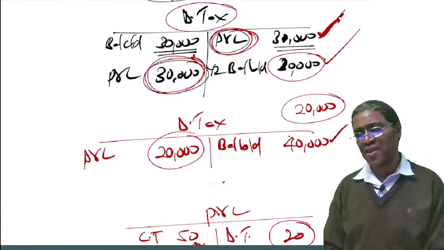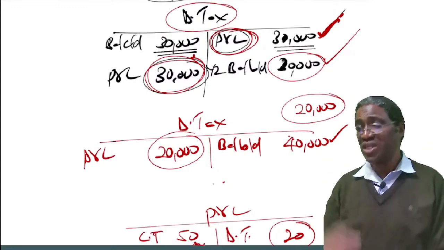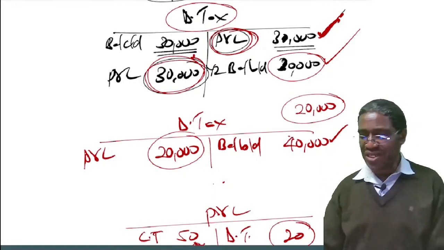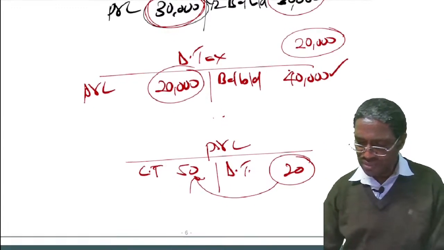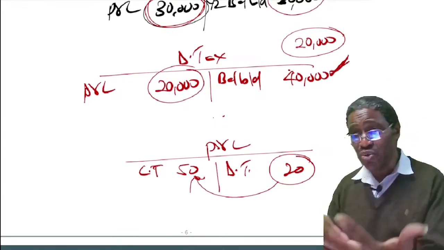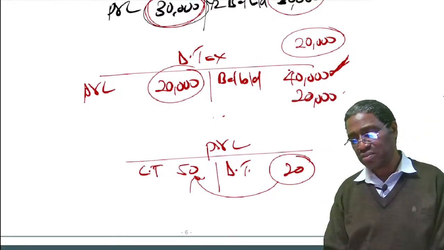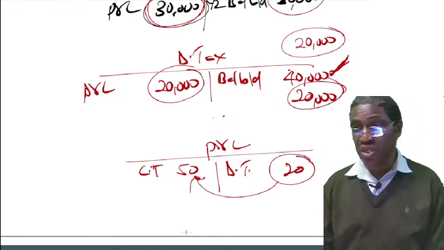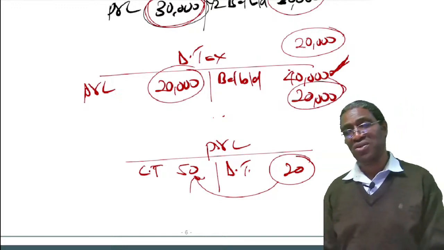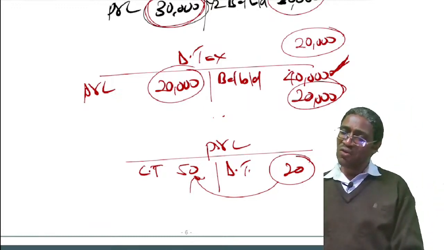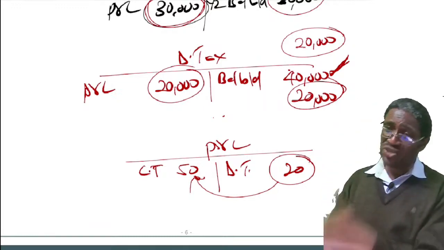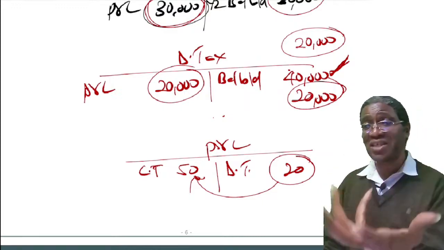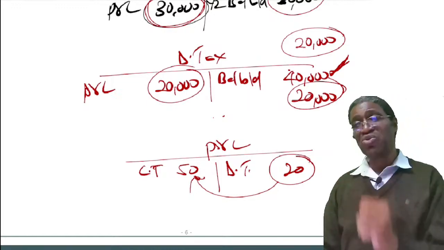We have said deferred tax is always a credit balance, so if I'm increasing it by 20, I automatically credit deferred tax. Then you debit 20 in the P&L account, and yet there's a corporation tax of 250. That means you will add.